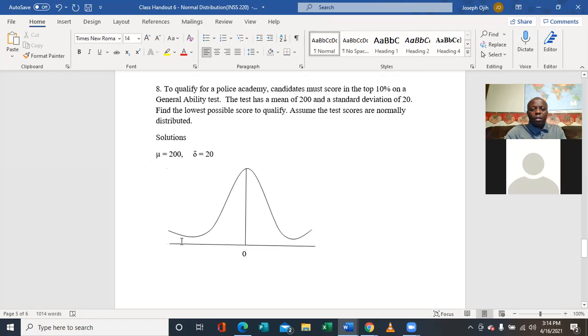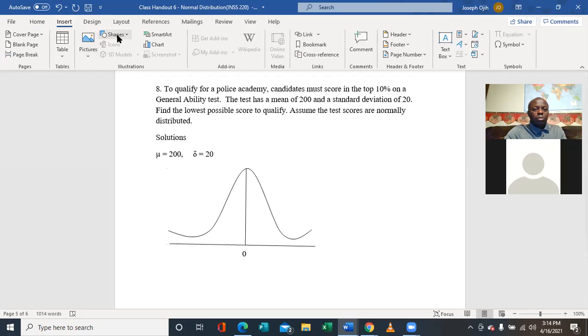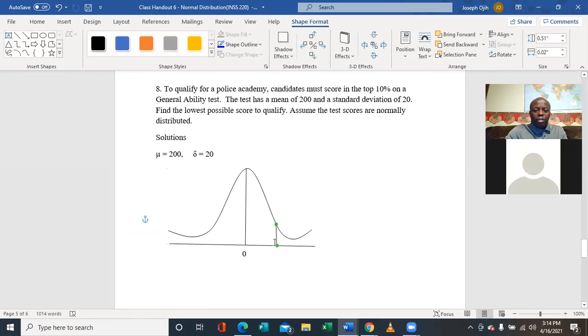Since 0.5 and 0.5 give us 100%, the top 10% should be around here to get to 100%. The whole of this area going down is 90%, then from here up to 100. So this is the top 10%.